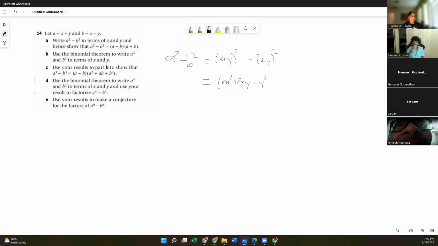Sorry if that looks like a multiplication sign. And then that minus (x squared minus 2xy plus y squared). Good. Are we all following so far, or do we need to go back a couple steps and retrace our route? We good?